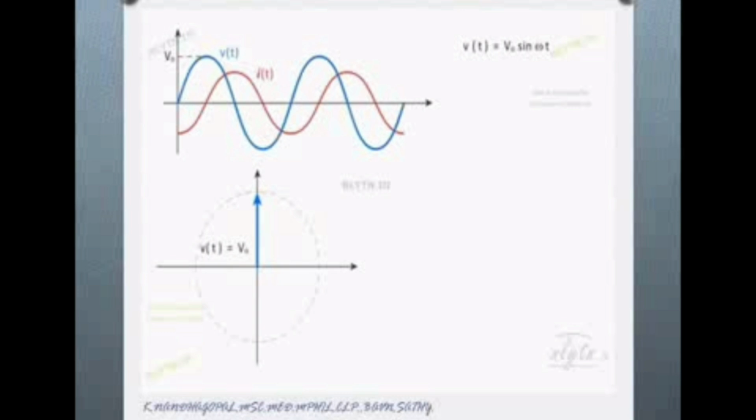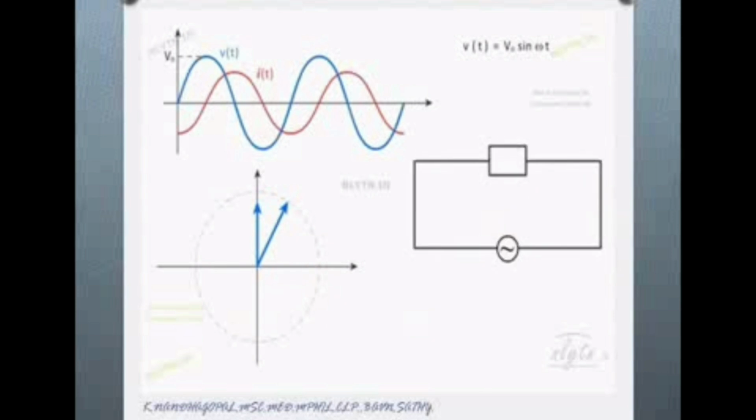So V(t) equals zero at the start. Now at 90 degrees in the anti-clockwise direction, and at 180 degrees, that is negative, the maximum amplitude in the opposite direction. So the waves are produced like this: negative side maximum, positive side maximum, then maximum and minimum in the opposite direction.